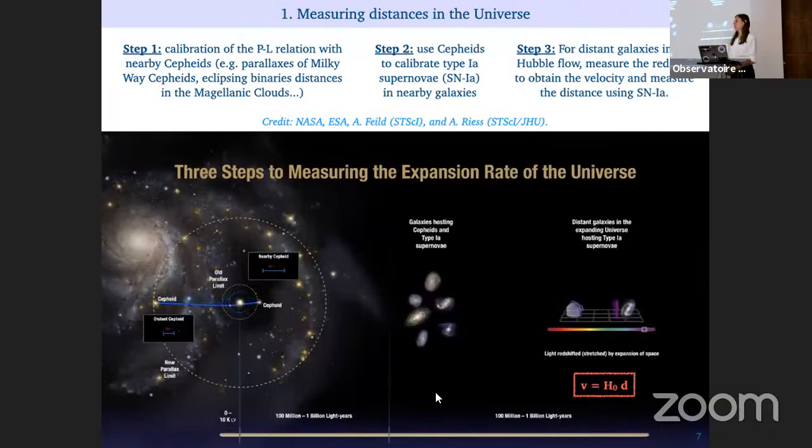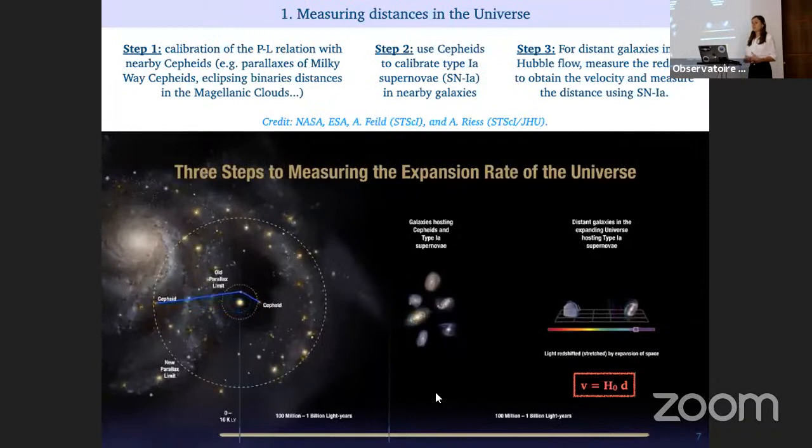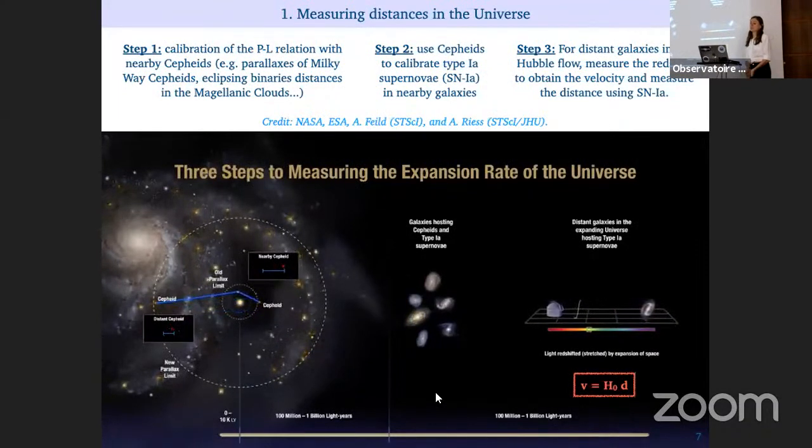Using the supernovae, we measure their distances, and from the spectroscopy we obtain the redshift, and then comparing the velocity and the distance gives the Hubble constant. So Cepheids are really the first step of this distance scale. It means that even though they are observed locally, they have strong implications at larger scales and in cosmology.